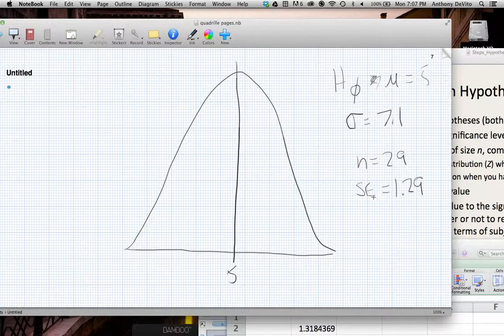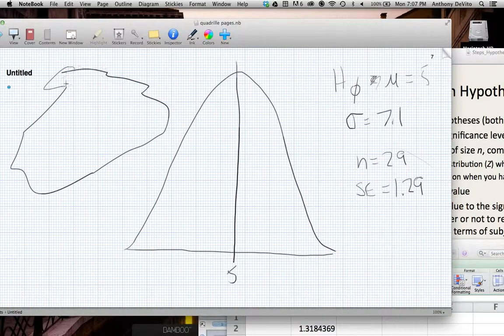So what that tells me is if I take a sample of, here's the herd over here. Here's the herd, there's all the cattle. If I take a sample of size 29 from this group, half the time it's going to be less than 5, half the time it's going to be more than 5. Right? Okay. I'm going to simplify this and call this 1.3.